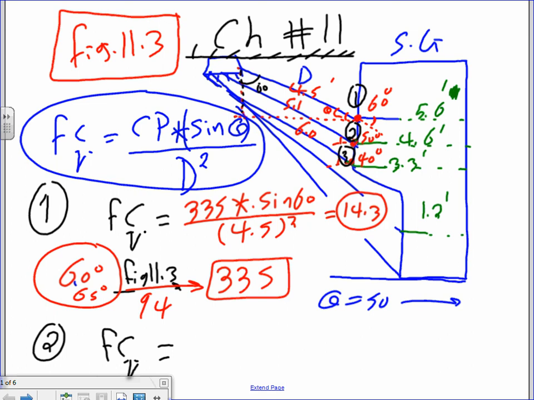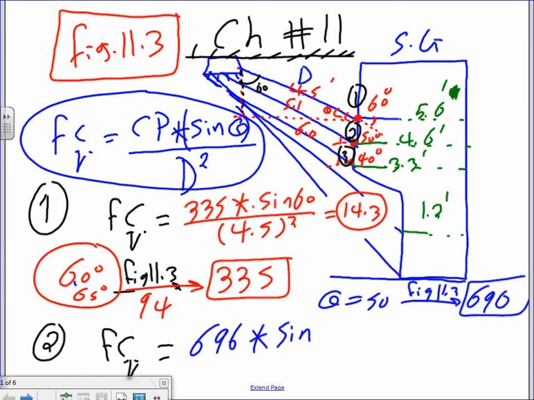Take this to the same table, fig 11.3. And what do you come up with there for 50? 696. Thank you. 696 candela power. And then you plug it in: 696 multiplied by sine 50, divided by the distance.